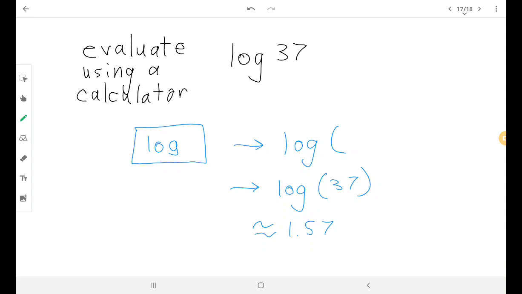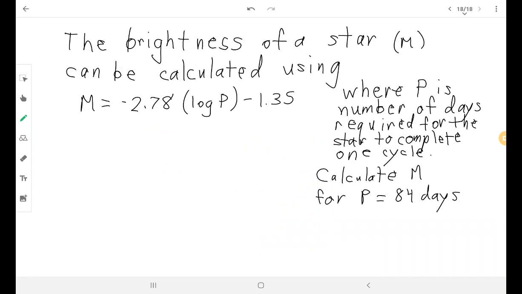And let's look at our last problem. All right, so the brightness of a star, they represent that the brightness with capital M can be calculated using this equation. Capital M equals negative 2.78 times log of P minus 1.35, where P is the number of days required for the star to complete one cycle.